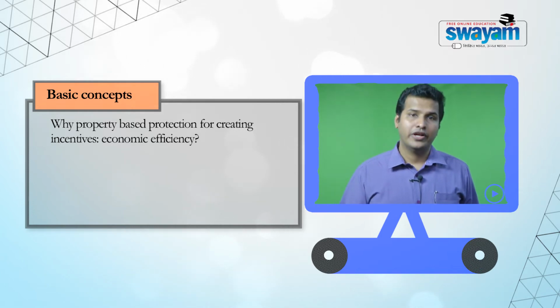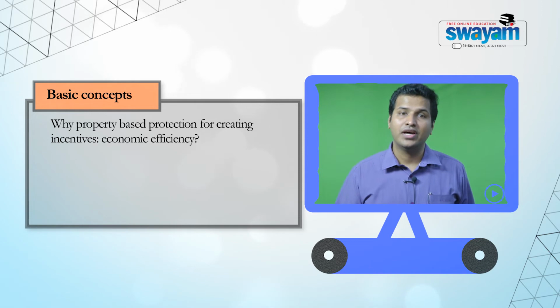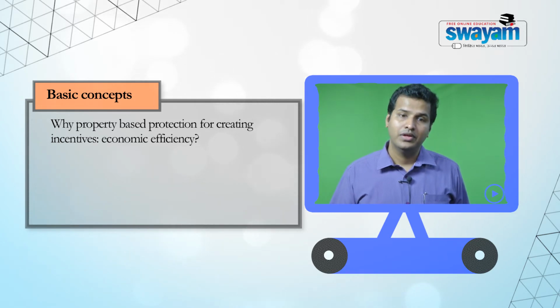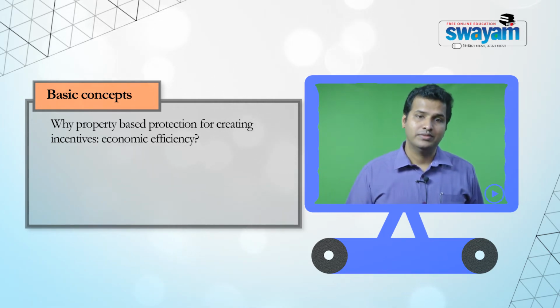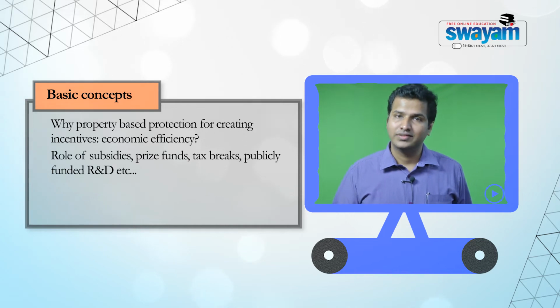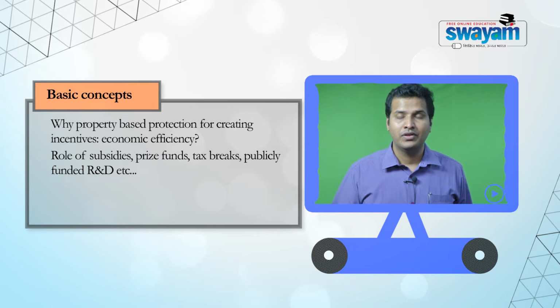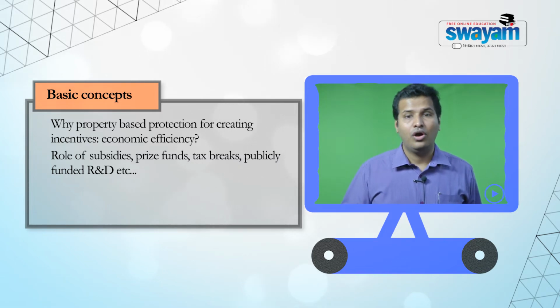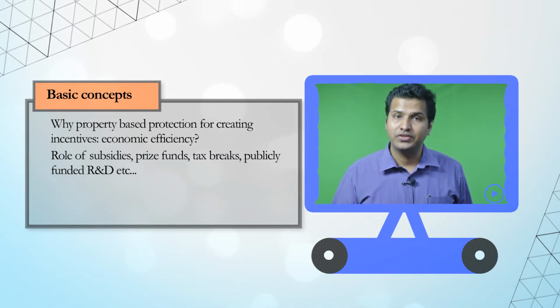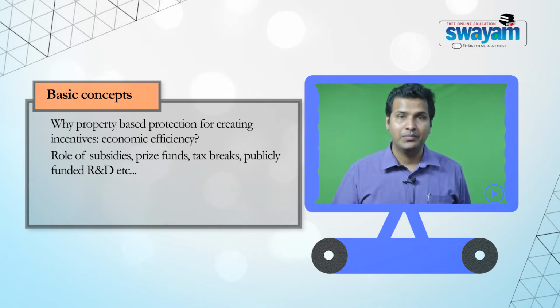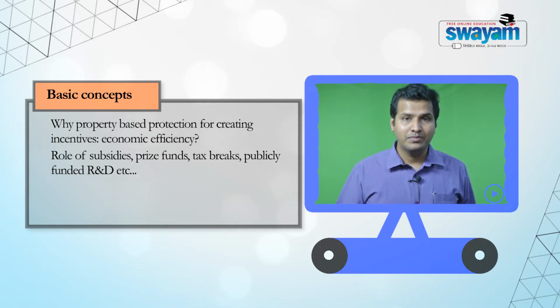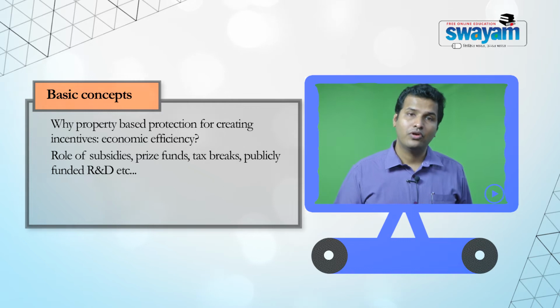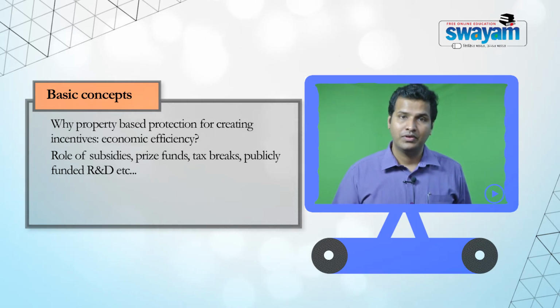So why is property based protection important for creating incentives? Is there an argument for economic efficiency when you compare it with other forms of mechanisms? And when we say other forms of mechanisms, they primarily involve subsidies, prize funds or basically prizes, tax breaks or publicly funded research and development that is carried on by the state. How are these mechanisms different from intellectual property protection or a property based protection?